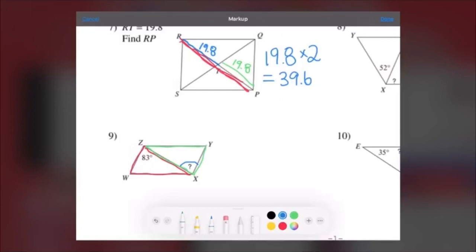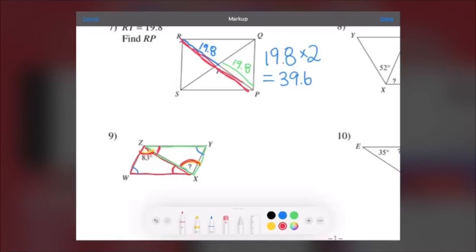So that means that this angle here is equivalent to this angle here. Say it asked you for angle W or Y, those would be equivalent, and angle WXZ would be equivalent to angle XZY.